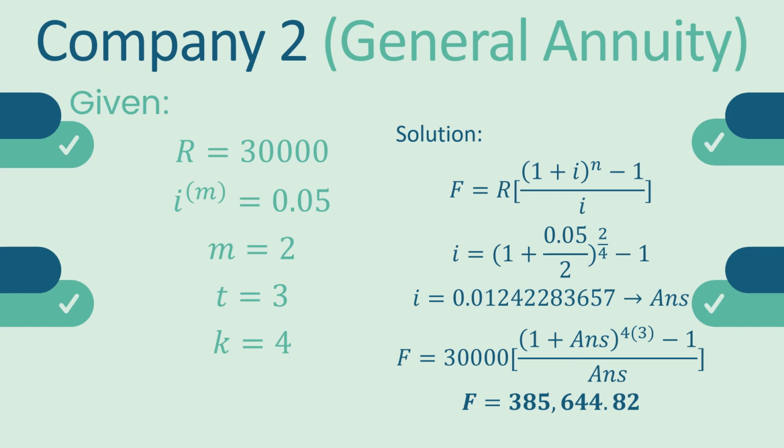And for easier computation, we will input it as the answer in the calculator. We will substitute the values and we have 385,644 pesos and 82 centavos as the future value of Company 2.